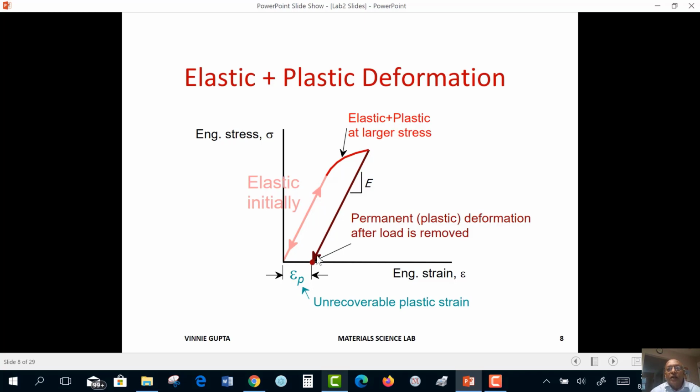Our unloading curve has the same slope as the elastic modulus. Once the entire load is removed, we see that we have some permanent, unrecoverable strain, which is called plastic strain. So the specimen does not go back to its original size.